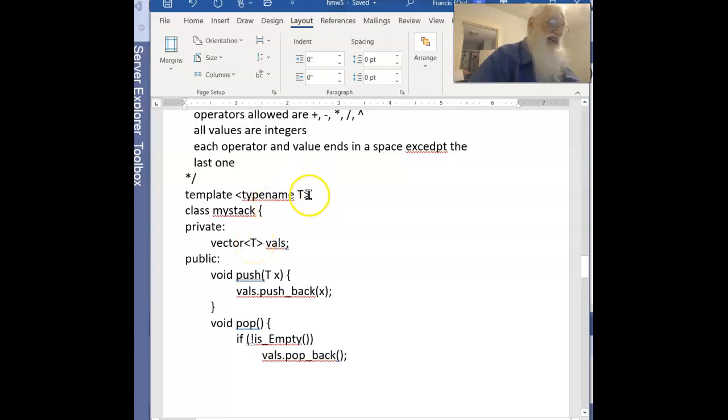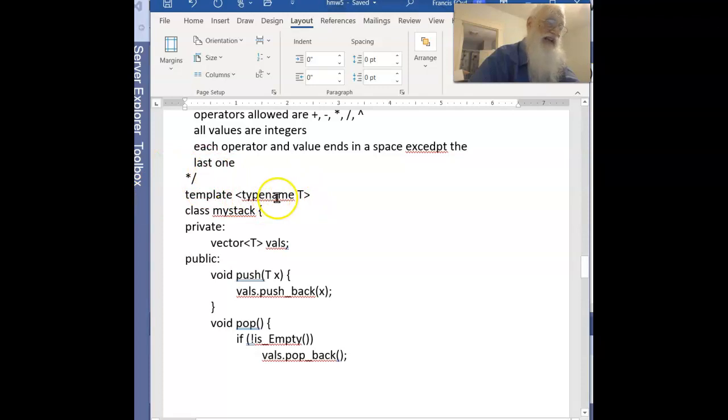Instead, it has T. T is just the name. It says that in this class, T is going to be filled in later. It will be a type name. It will be int, char, string, double, something like that. But I'm not taking a stand when I'm writing the class because I want to use this for any kind of stack. The template comes before the class, and you use the word typename.